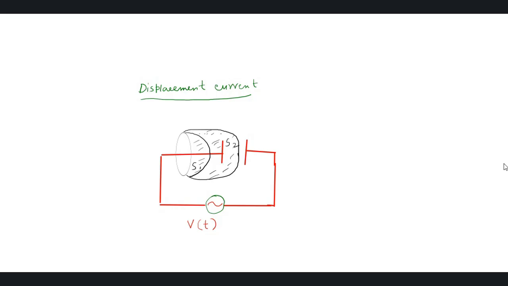Now if we want to apply the Ampere circuital law along this contour, then as this is an AC source, a current will go through.